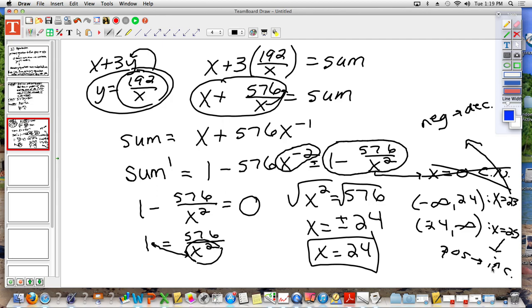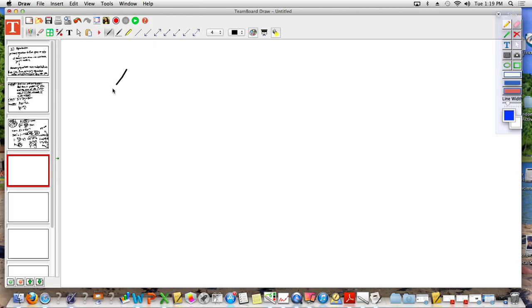So that means to the left of 24, the graph is going down. To the right of 24, the graph is going up. What does it mean about 24? Minimum. Is that what we were trying to do? Were we trying to minimize what was happening in this problem? Yes. So that means that x equals 24 is our minimum.